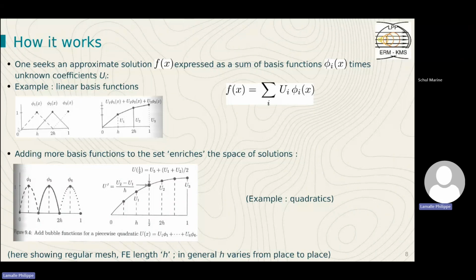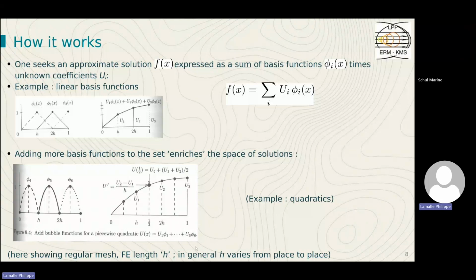For instance, if you take linear basis functions in one dimension, you have these hat functions, and with them you can represent a piecewise linear function with its unknown coefficients u1, u2, u3. If you add more basis functions of higher degree, you enrich the space of solution, and you end up with a more smooth representation and more accurate solution, hopefully, of the solution.